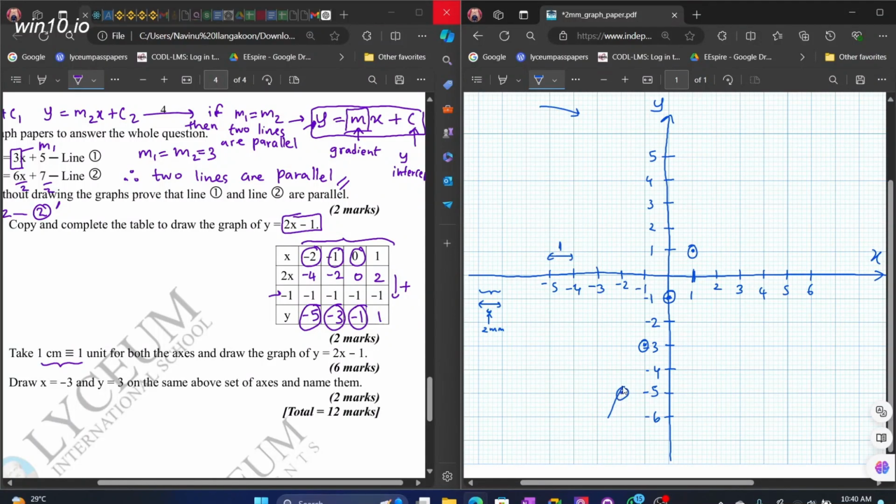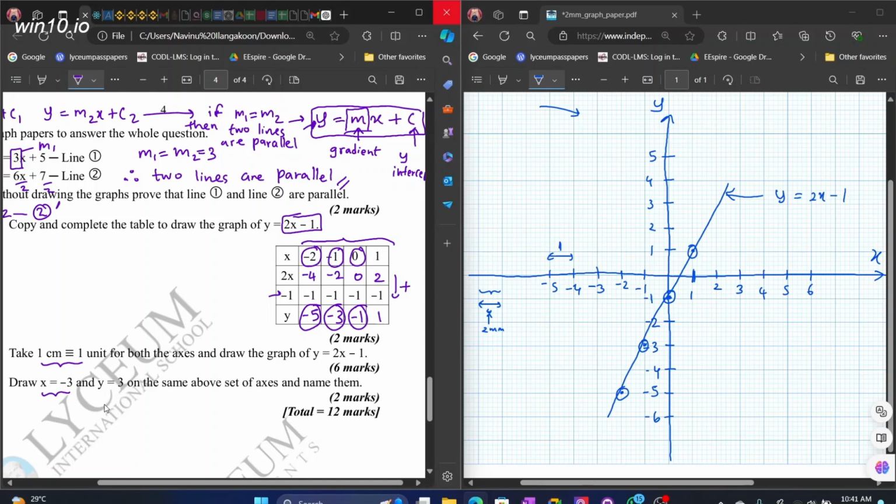So then we can draw, this is our line y equals 2x minus 1. Okay, then we have to draw x equals minus 3 and y equals 3.